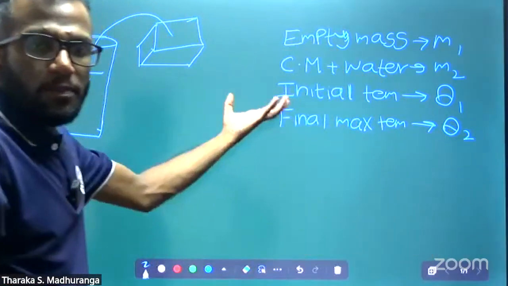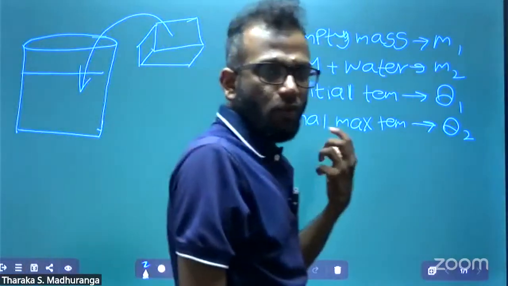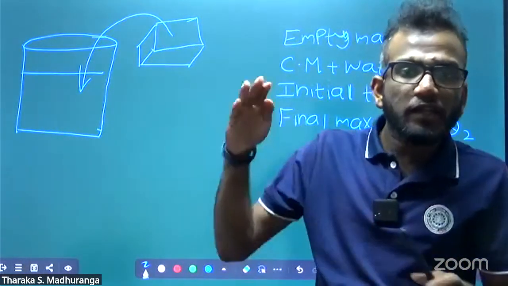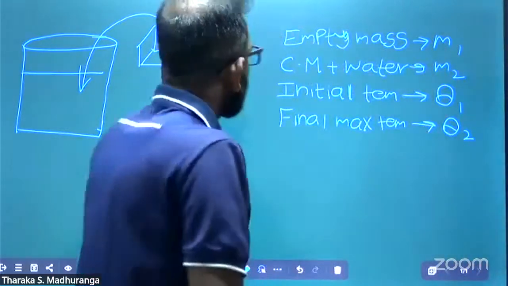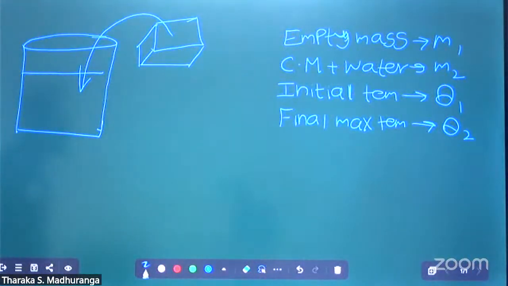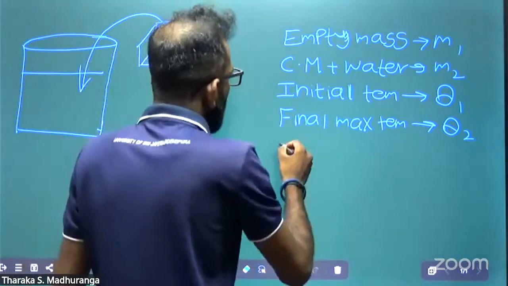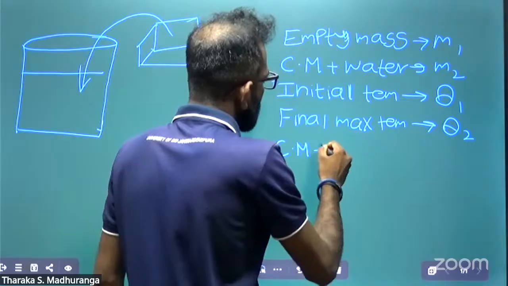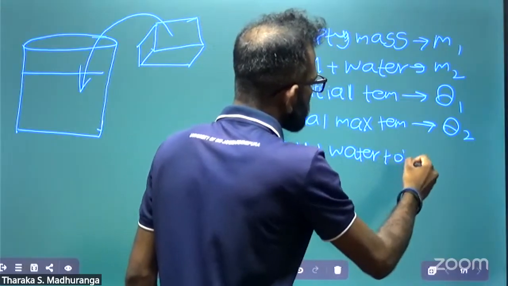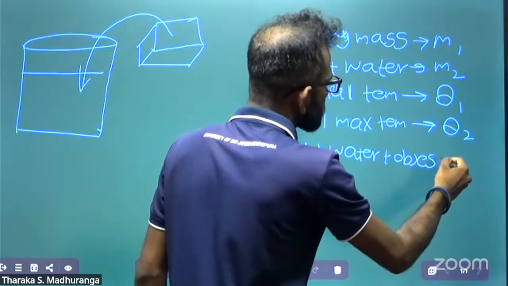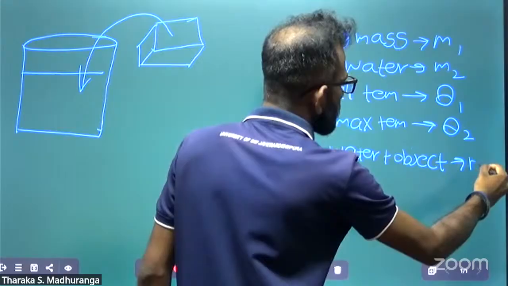When we add this metal cube into the water, we get the final maximum temperature. After that, get the mass of calorimeter plus water plus object, the total mass, that is M3.